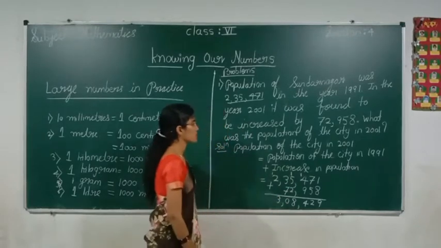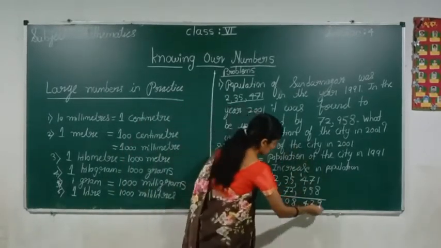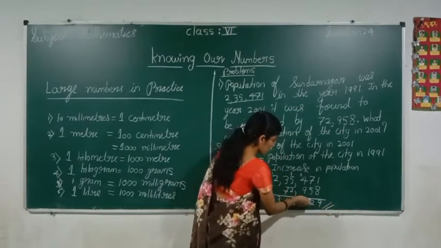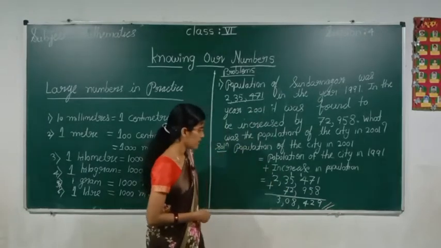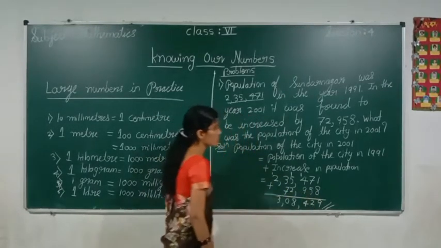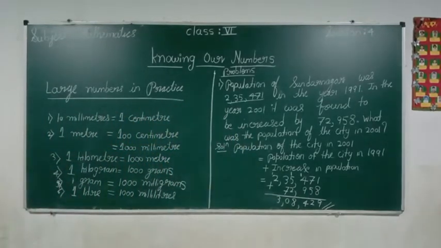What was the population of the city in 2001? The population of the city in 2001 was 3,08,429. So this was the population in 2001.